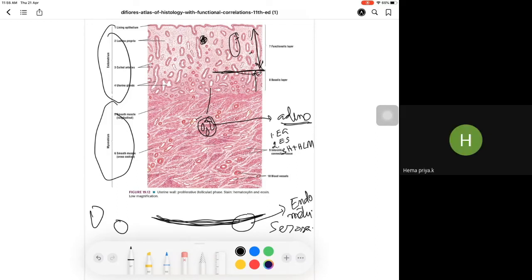See, previously dating of the endometrium was very, very important. Remember, the first 14 days are follicular phase and next 14 days are luteal phase, and on the 28th day it will menstruate, isn't it? And follicular phase is estrogen driven. The secretory phase is progesterone driven. The source of the progesterone is the corpus luteum.